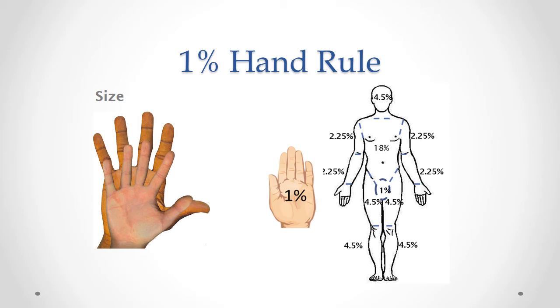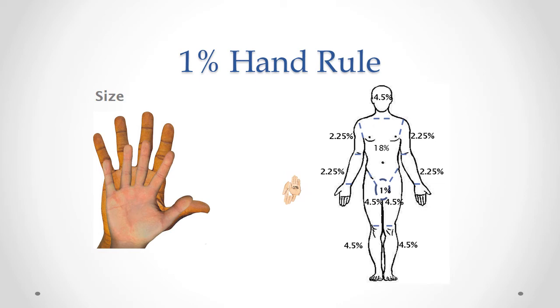But if my hand were that front hand and the backhand were the patient's hand, then I'm probably going to overestimate the burn percentage because I'm going to use more of my hands to cover the same area than the burn hands. So what we like to do is actually pick the patient's hand up and use that to guesstimate the size.